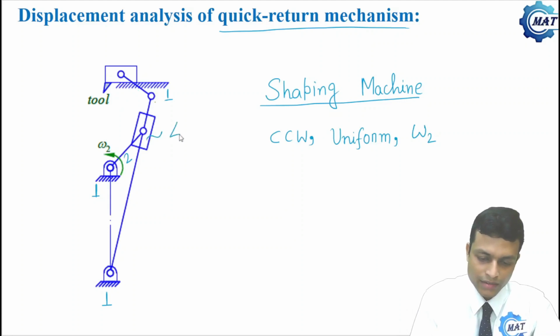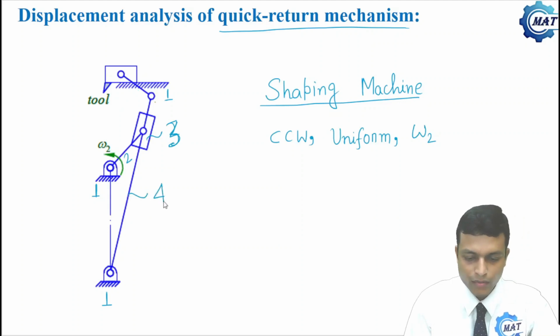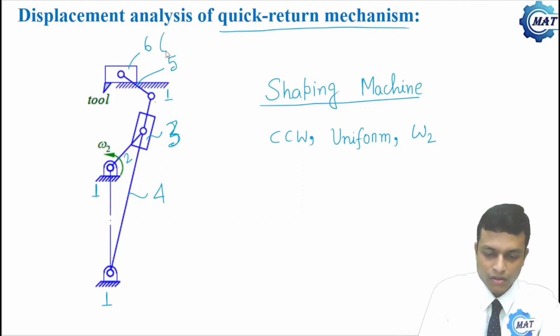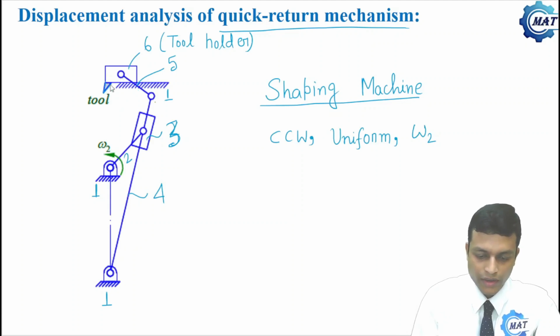Now the slider is link number 3, and this oscillatory link is link number 4, this is link number 5, and this slider is link number 6 or tool holder. So this is the tool here.